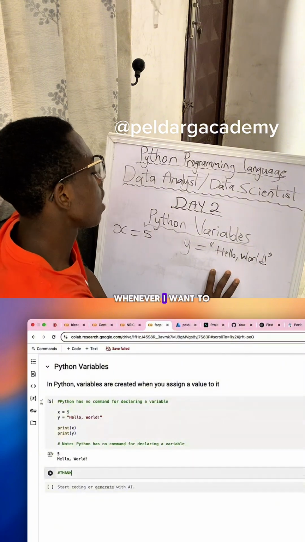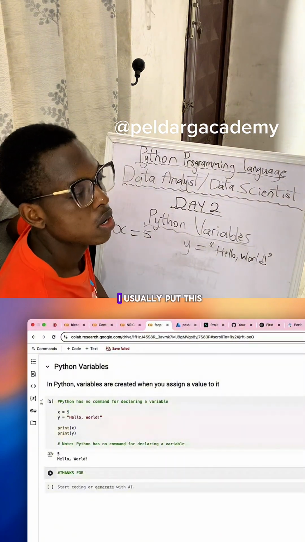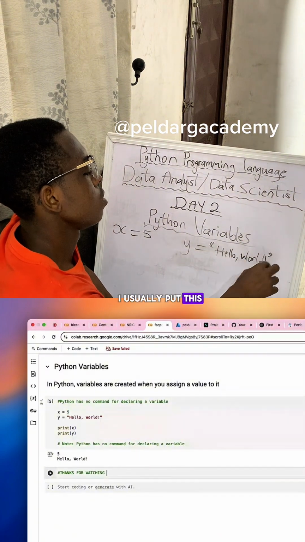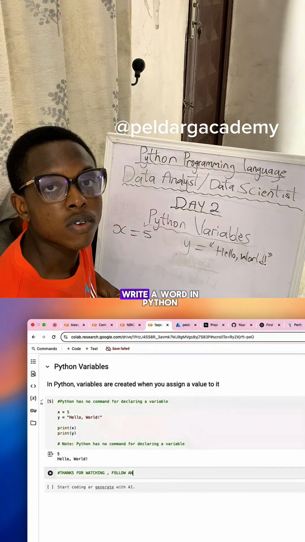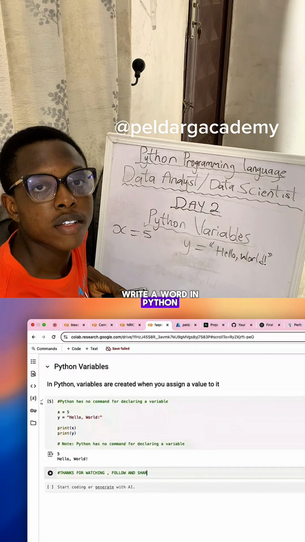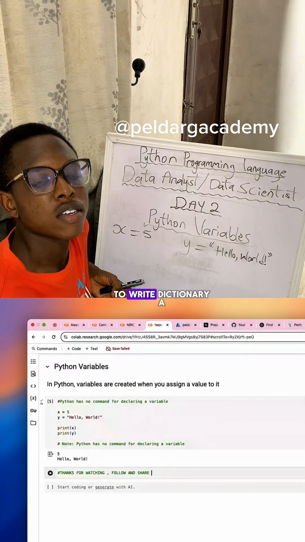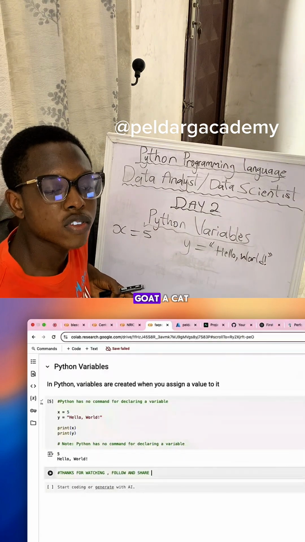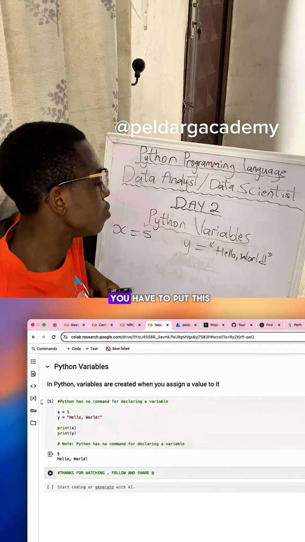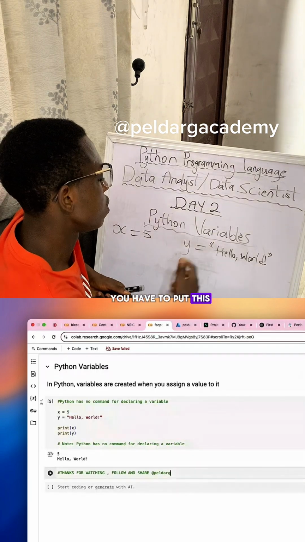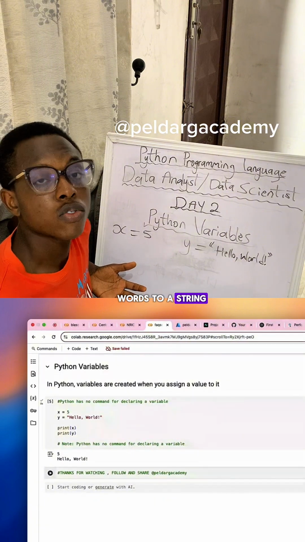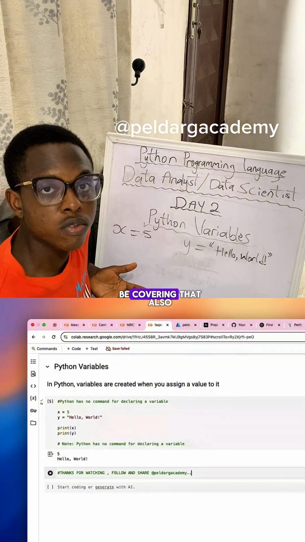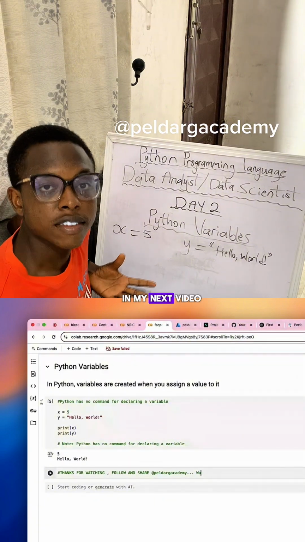You notice that whenever I want to write a word, I usually put this double quote. Whenever you want to write a word in Python, let's say you want to write dictionary, a goat, a cat, you have to put this because we refer to those words as a string in Python, but I'm going to be covering that also in my next video.